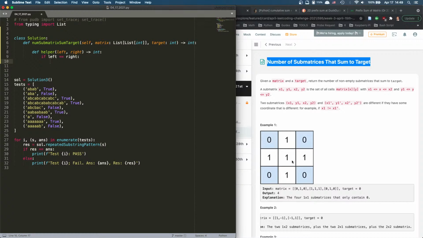So we have a cumulative sum and a target, and we put the cumulative sum into a dictionary, right? Then we iterate through the cumulative sum, and every time we minus the target. That's how you solve it in O(m) for each row, for a given column. Then you can get how many there are in this column.